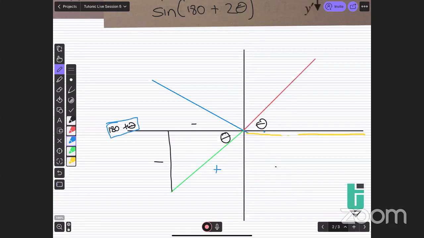Negative. Opposite over hypotenuse would be negative. And what is sine of 180 plus theta? Negative sine theta. It's just sine theta, but you put a negative in front.